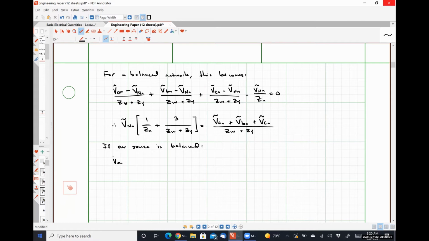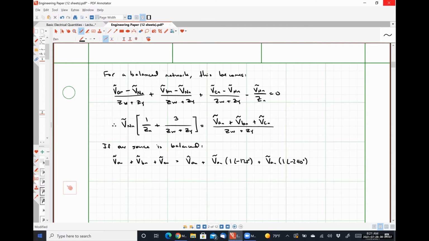VAN plus VBN plus VCN is equal to VAN plus VAN times 1 angle negative 120 degrees. So that's saying that my B phase is 120 degrees behind my A phase, and then plus VAN times 1 angle negative 240 degrees.